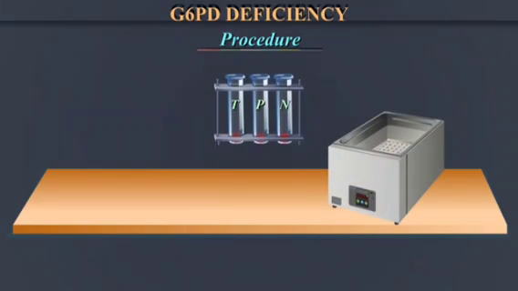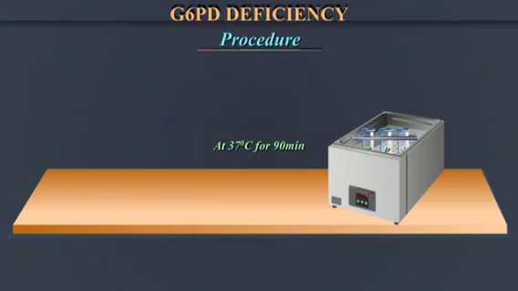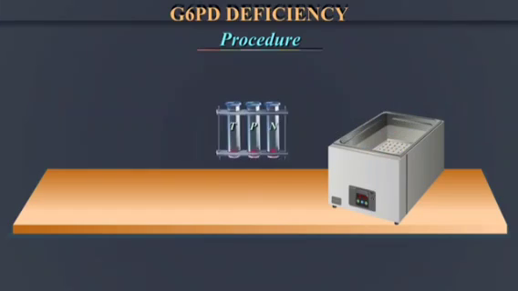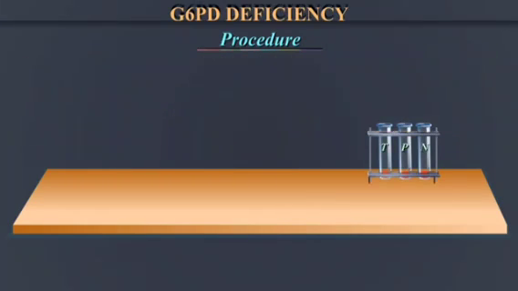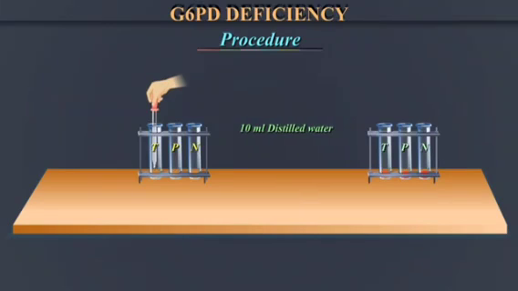Step 2. Place in a water bath at 37 degrees centigrade for 90 minutes. At the end of 90 minutes, take out the tubes and mix by repeated inversions. Step 3. Take 3 test tubes and once again mark them as test, positive and negative control.